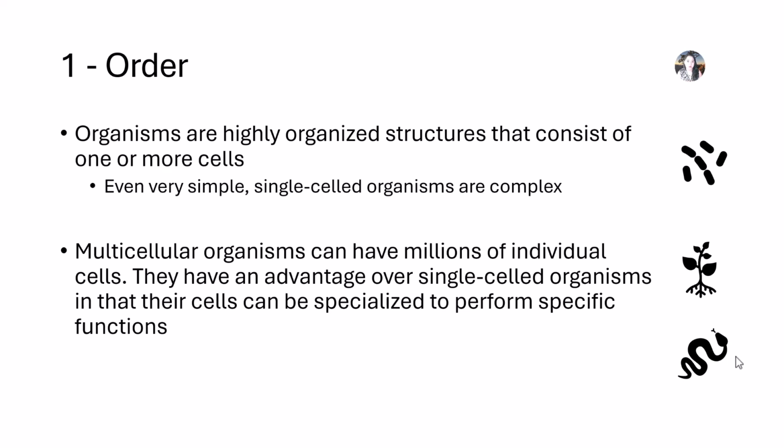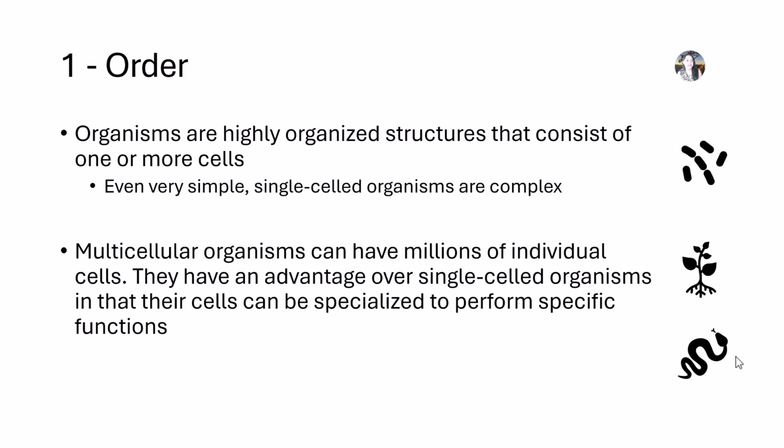They have a lot of order to them. Other organisms that are multicellular are made of millions of cells. They're obviously alive because they are made of so many different things like cells, tissues, and organs. Multicellular organisms can have millions of individual cells.